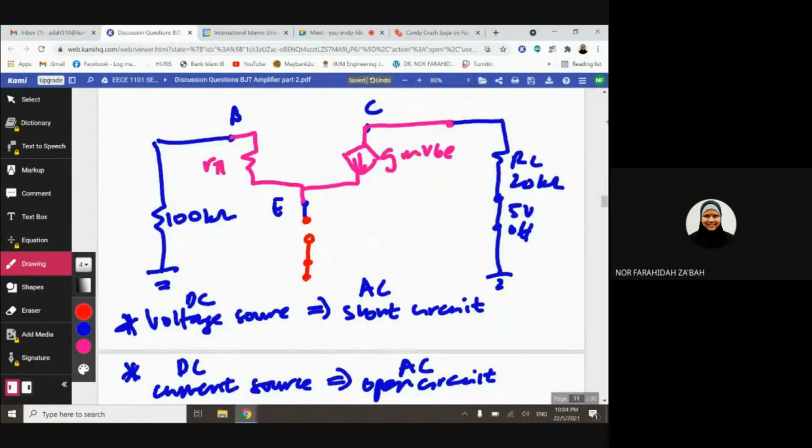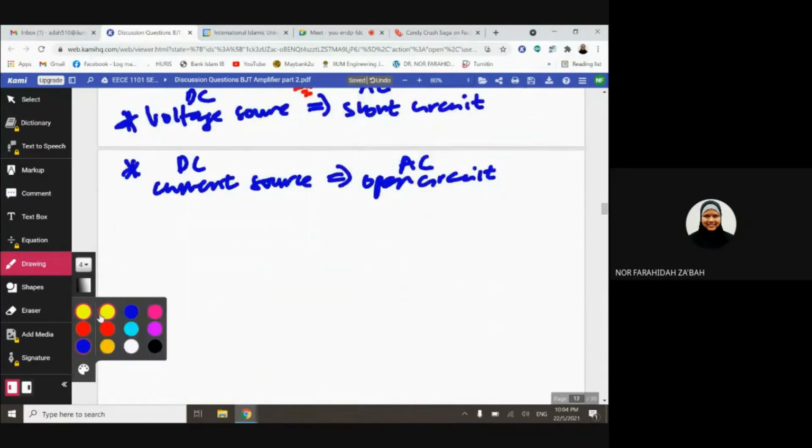So let's say if I continue to draw the minus 5 volt supply, and you have the ground here, but you have the coupling capacitor, the CE here, which will be short circuit and it will provide the path to ground. So your current will go here, but it cannot go to this path because it's open circuit. It will go through the short circuit path provided by CE. Alright, so eventually your AC circuit will look like this.